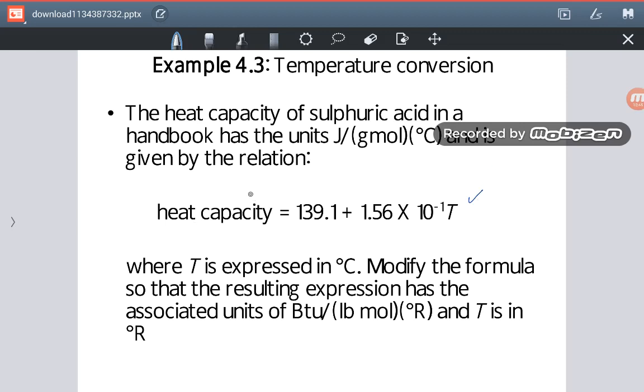So this is the heat capacity, we have the numbers and also T here, where T is expressed in degrees Celsius. Okay, so modify the formula so that the resulting expression has the associated unit of BTU, pound mole, Rankine, and temperature is in Rankine.